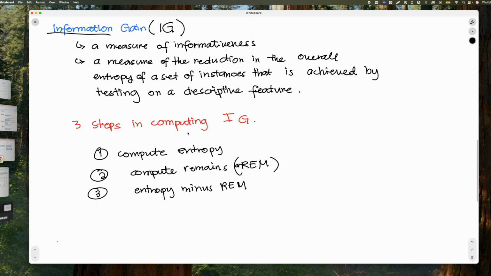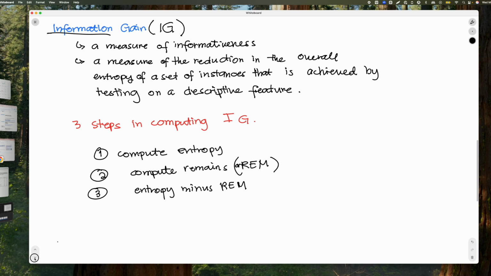This will be a lot clearer once we have an example. So there are 3 steps in computing IG. Number 1 is compute the Shannon's entropy, and then number 2 is compute the remainders, or REM. And number 3 is entropy minus the remainder. And then that's when we will get the information gain.